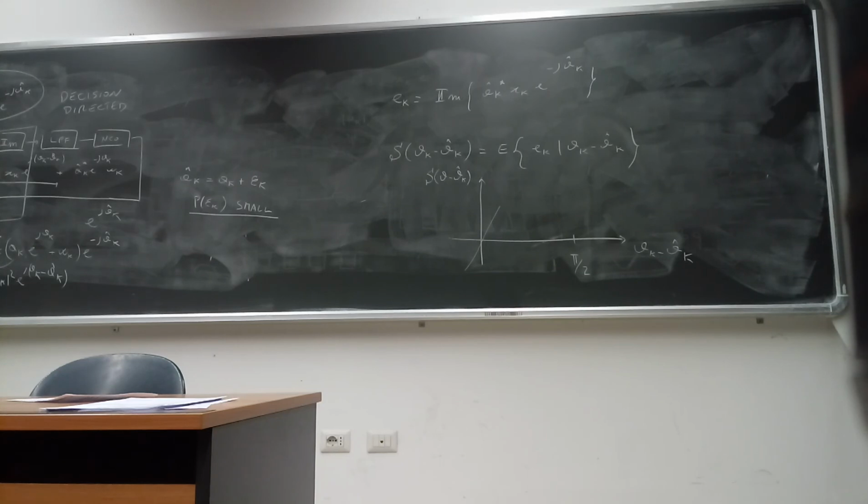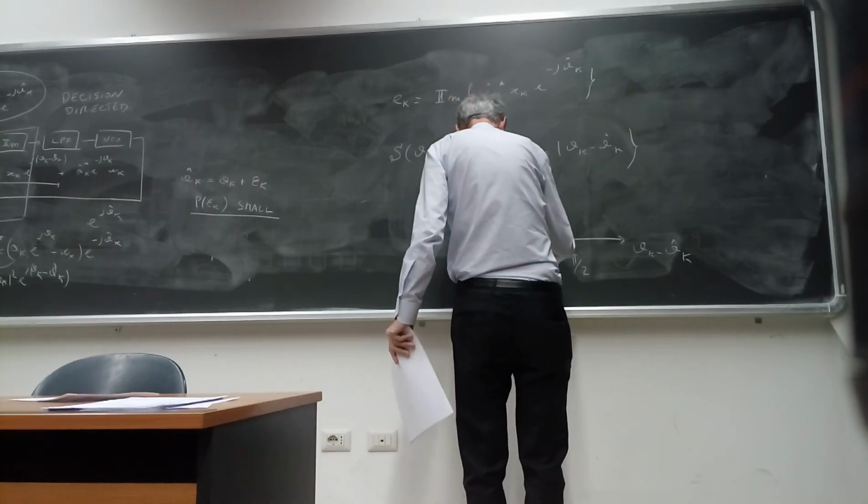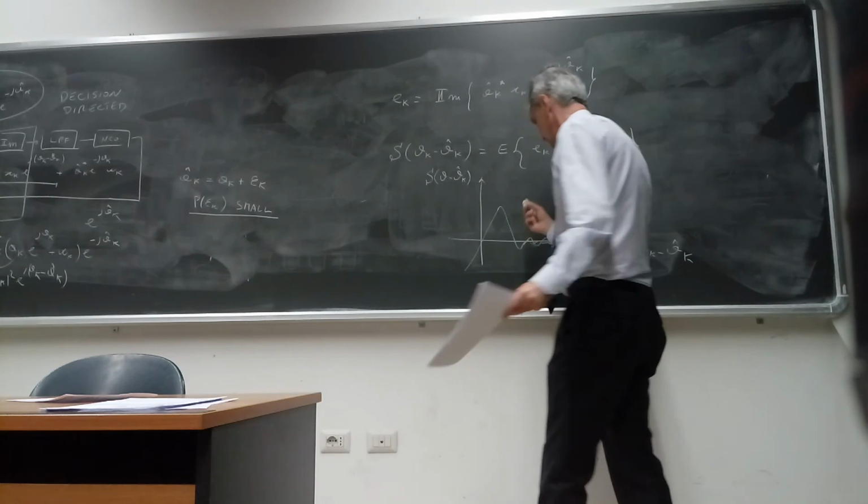The difference between hat theta and theta is large. Do you believe that decisions here are good? No. They will not be good because the constellation will be translated by a phase error. And the threshold detector will make a lot of errors. And so this will go down. And here will be something, let's say, random.